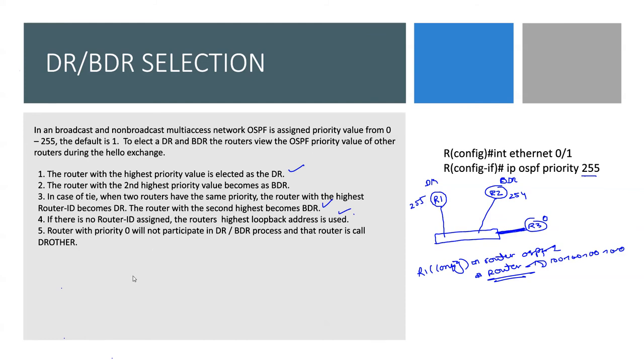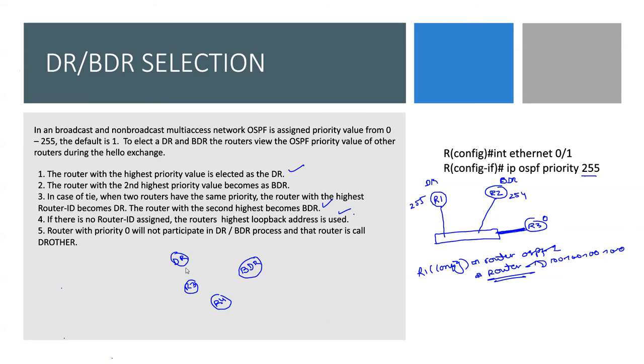The other important point to understand is when you have a DR and then you have a BDR, and this could come in an interview question basically, right? And you have other routers, let's say R3, R4, and these are basically DR others. That means they are not participating in any election process.